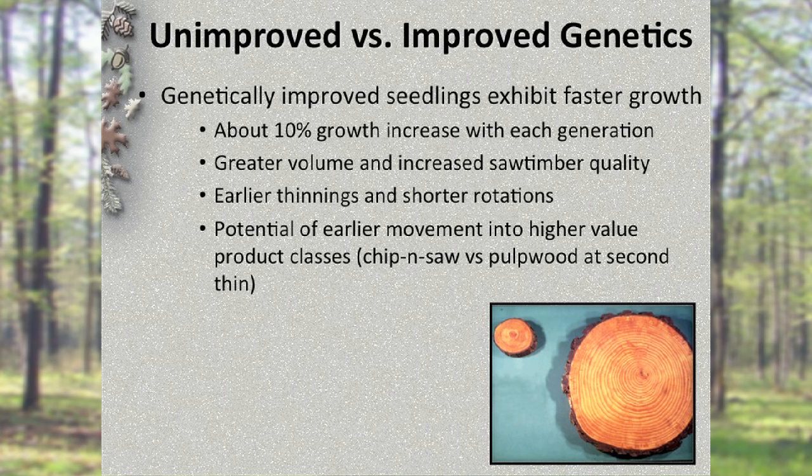You can also expect earlier thinnings and shorter rotations, in some cases somewhere between 20 to 25 years. It also has the potential of early movement into higher value products as we move from pulpwood, then to a higher value chip and saw class, then to actually a saw timber class, and later into the pole class as well.